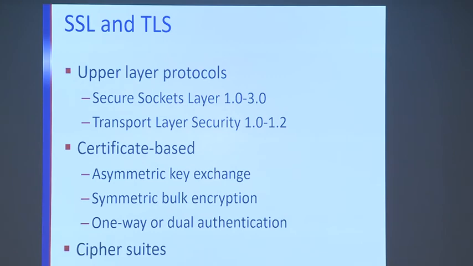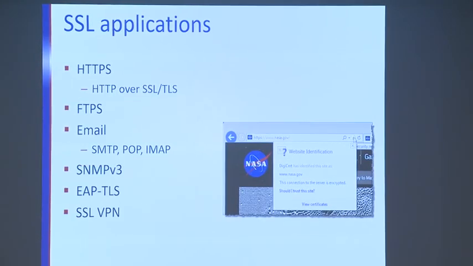We can also do symmetric bulk encryption. All of this is done with SSL and TLS at that upper layer. We have cipher suites that combine these together, so I can do SSL along with VPN. That is called a cipher suite. We'll see those a little bit later on.